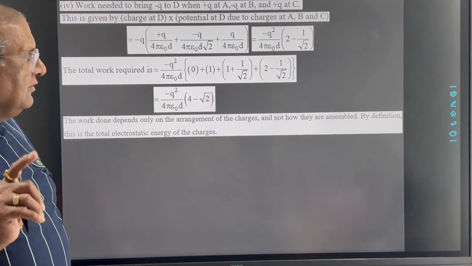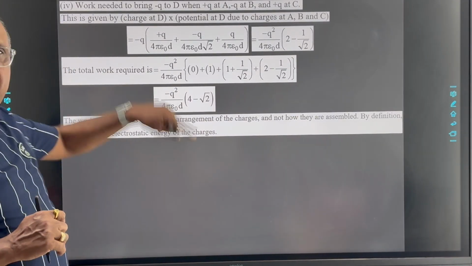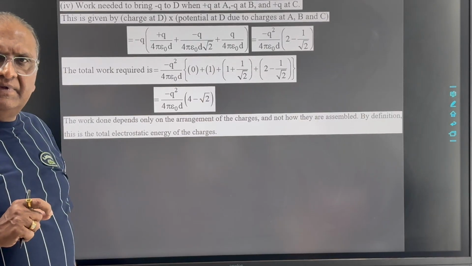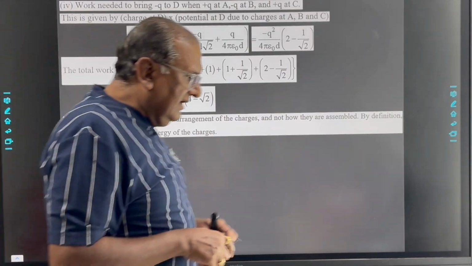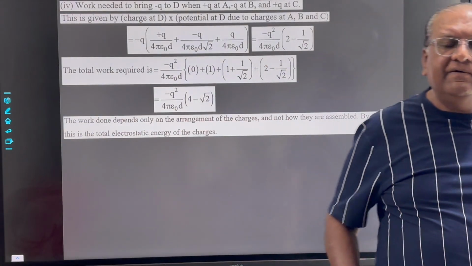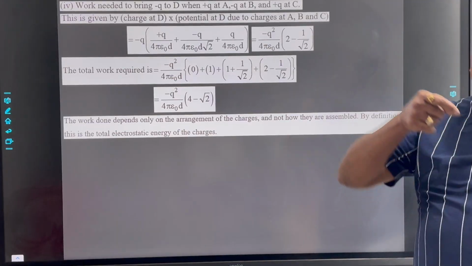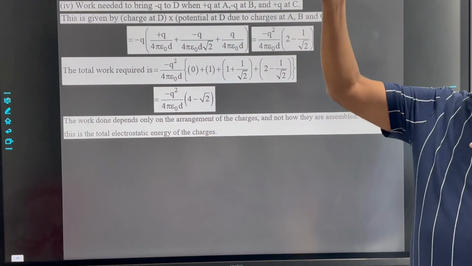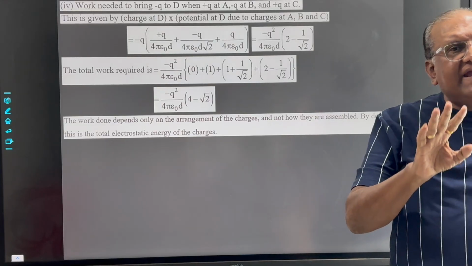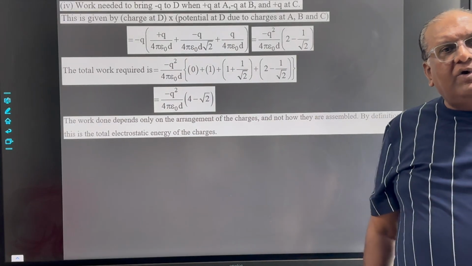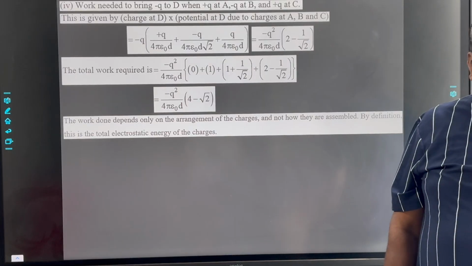Now see here, one important thing. Here we solved this problem as per the theory, right? So as per theory, what did we do here? We brought charges one by one from infinity to a specific point, and then we calculated the work done in that particular process.